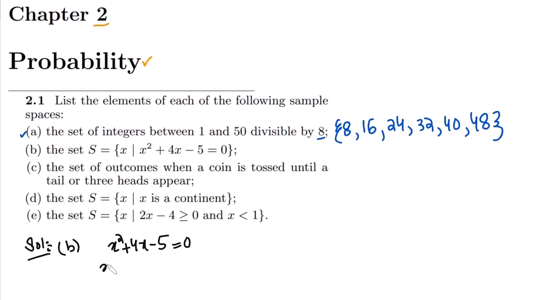So I write x square plus 5x minus x minus 5, that is 0.